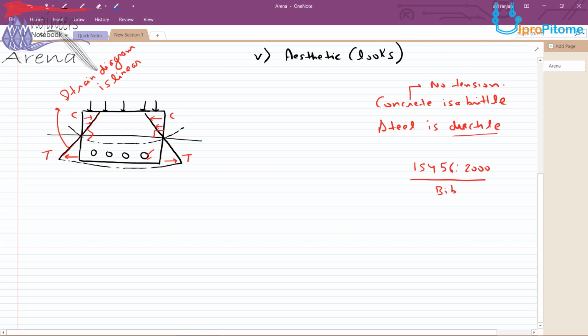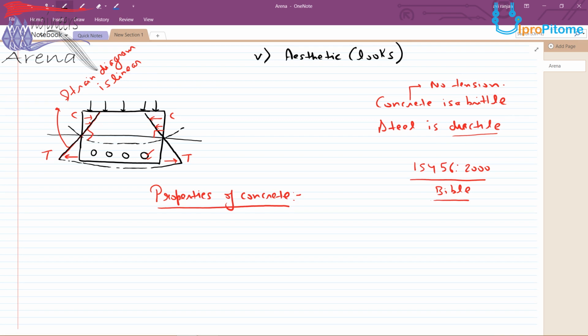This is a Bible for civil engineers. You must have this while you are watching these lectures because I will be using it very frequently. So let us begin with the topic, properties of concrete.